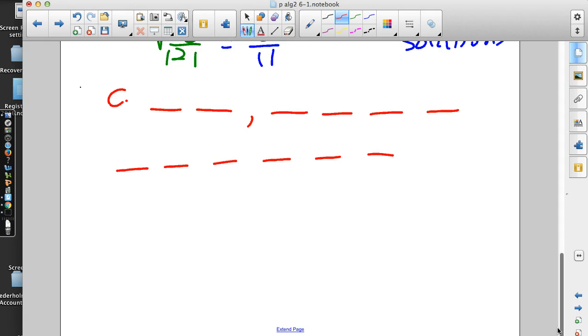Why can't it be negative? Yep. And that's what they're asking us to think through, is think through those slots.